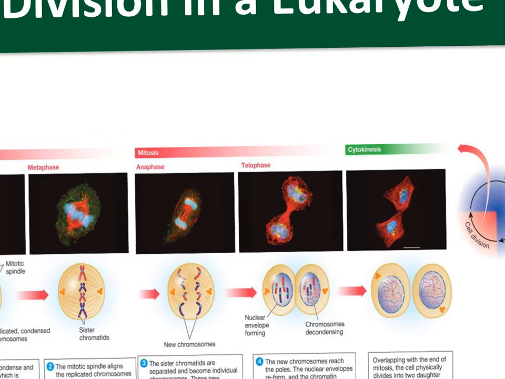These 2 daughter cells are identical, is that right? In reproduction, when you get gametes, are gametes identical or not? Sperm and egg, no. So now let's think about mitosis. Is mitosis for reproduction?